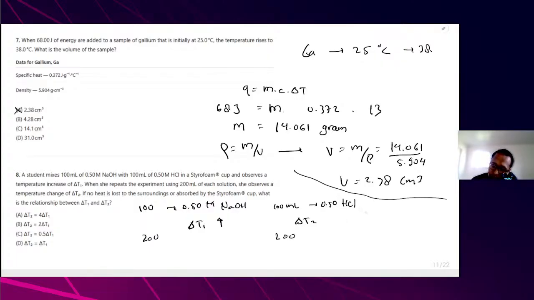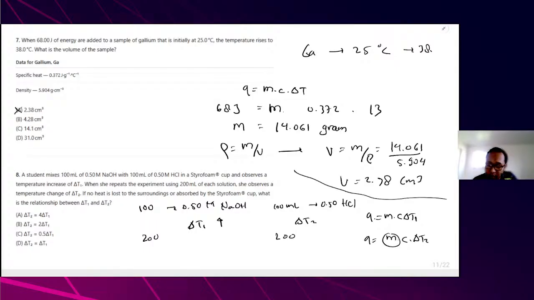So in the first part, you have Q = mC delta T1, and for the other one, Q = mC delta T2. So when you double the volume, you double the mass.